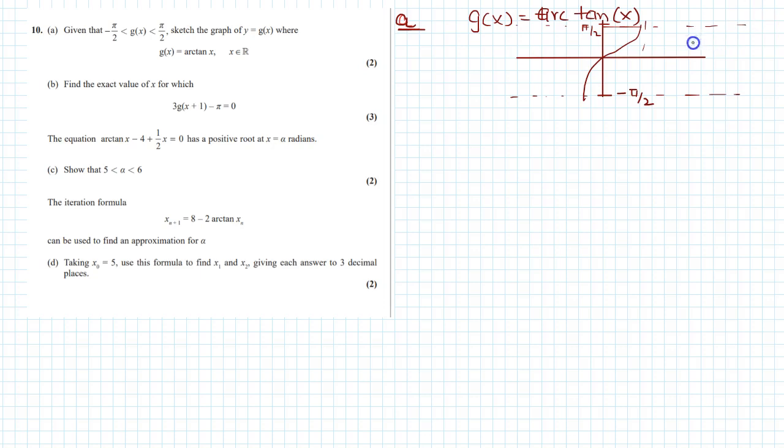So the graph will be, x is a real number, it can extend, but this is from here to here, so that is the graph of Arctan. That is part A.